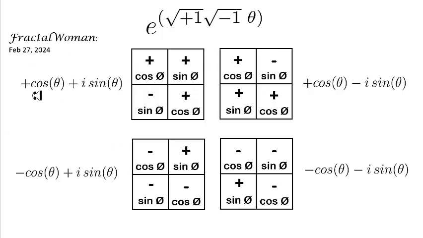There's plus cos plus i sine of theta, there's plus cos minus i sine of theta, there's minus cos of theta plus i sine of theta, and minus cos of theta minus i sine of theta. So these are the 4 matrices corresponding to these 4 solutions, or 4 roots, I guess.